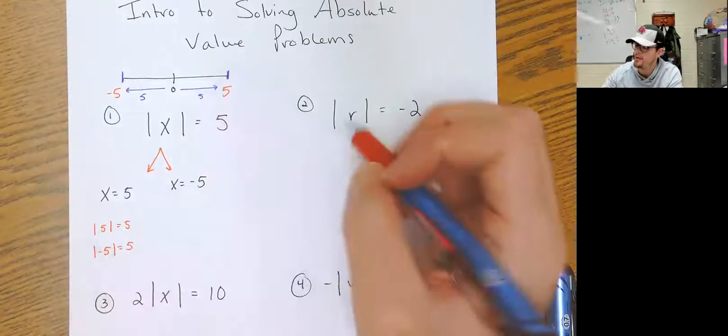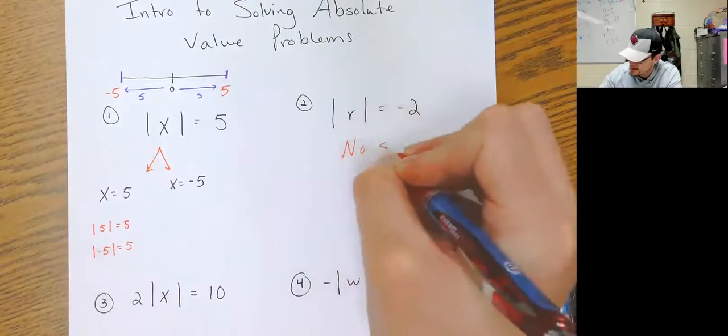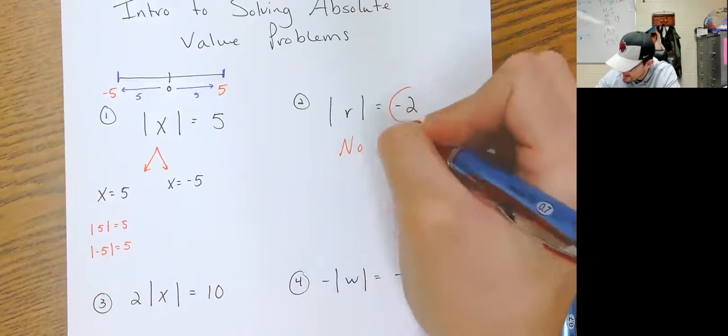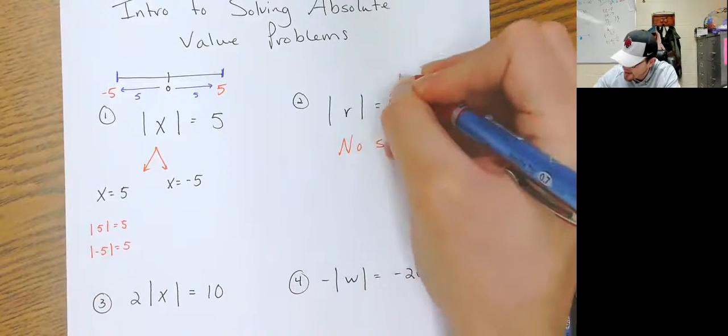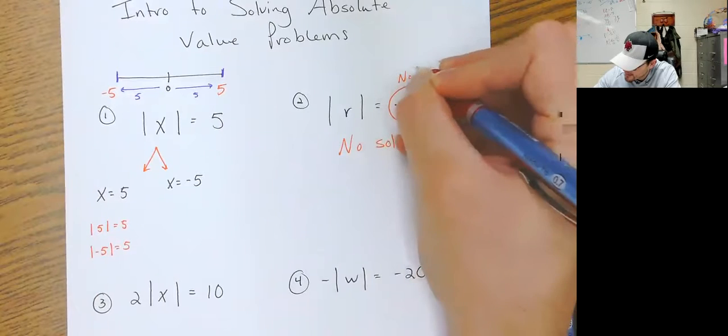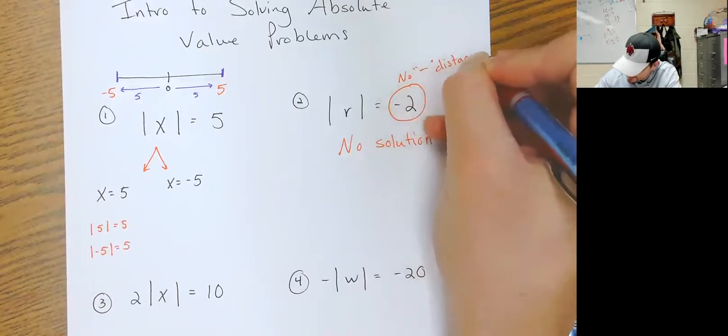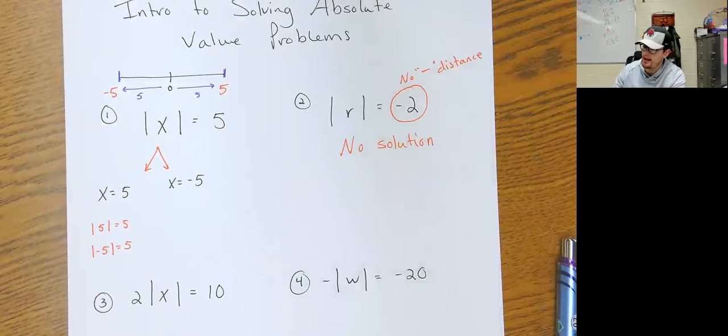No. So this is no solution, because we can't have negative distance. Not allowed. There's no such thing as negative distance. You can walk backwards positive 10 feet, but you cannot walk negative 10 feet. You're just walking positive feet in the wrong direction.